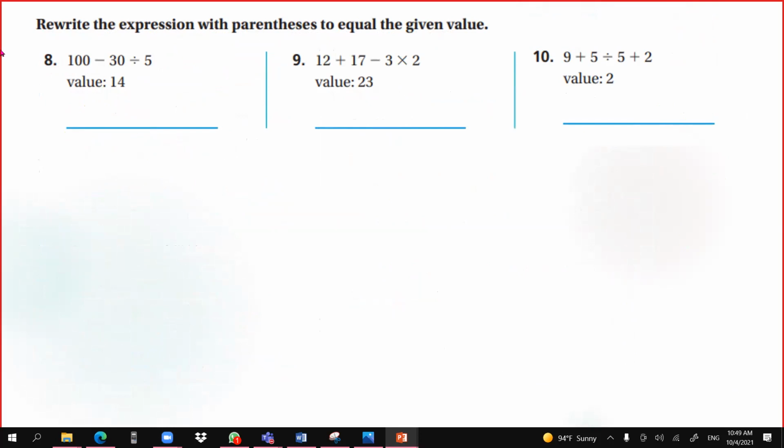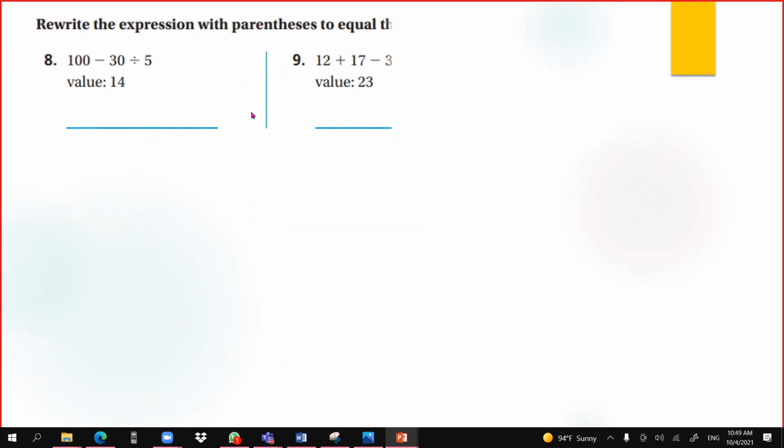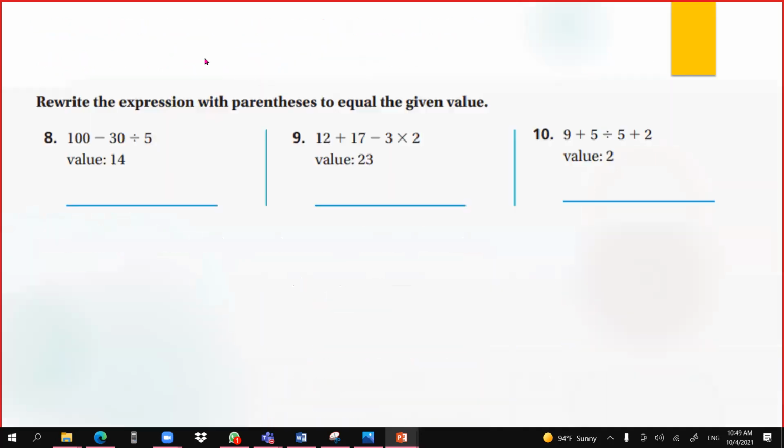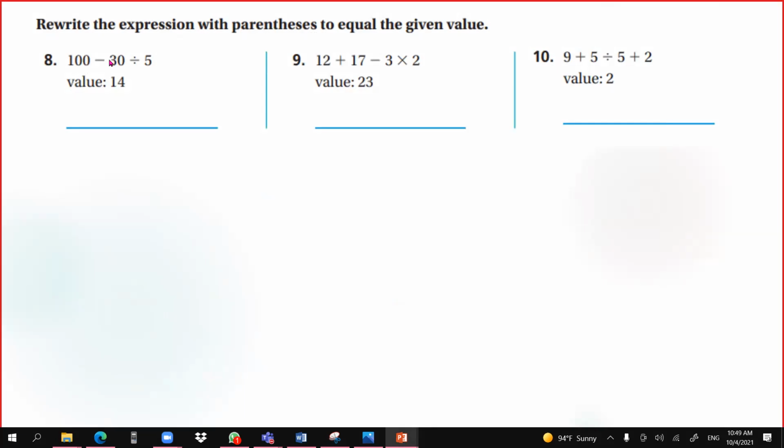Now let's solve number 8, 9 and 10. Rewrite the expression with parentheses to equal the given value.